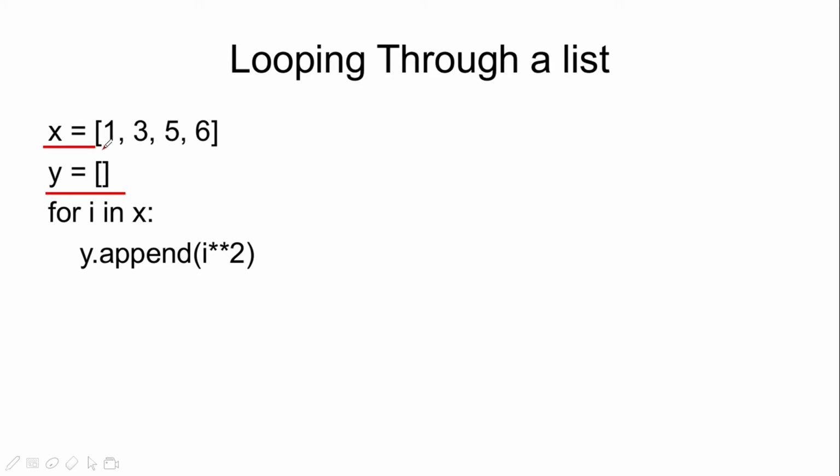So in the iterations, i will have the values 1, 3, 5, and then 6. In each iteration, we will append the square of i to Y. So by the end of this loop, Y will have the square of each element of X.